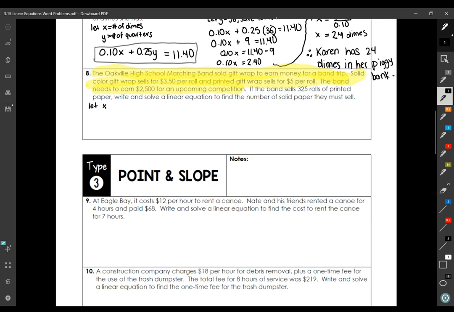Here we're comparing colored gift wrap and printed gift wrap. It doesn't matter. I'm just going to say let x equal color gift wrap, and then y can be our printed. So maybe printed means there's some sort of pattern on it. Printed gift wrap.